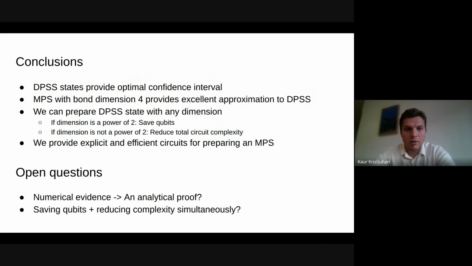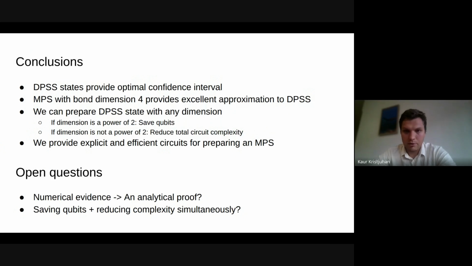So we have 2 distinct benefits which you can use in 2 different scenarios. Finally, we showed how to actually implement the matrix product state that we've suggested. We have explicit circuits which are straightforward to use, and we compared the cost of those circuits to other known approaches, and we found that ours gave better performance.